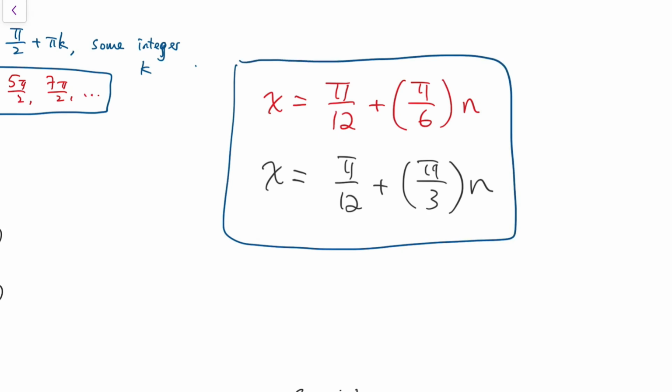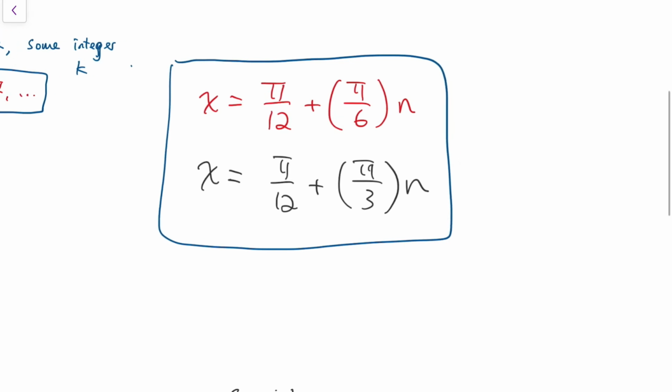And I want to take the common numbers among the two groups of solutions as our final answer. And in fact, since they are both pi over 12 plus some fraction multiples of pi, and for these factors, one divides the other.